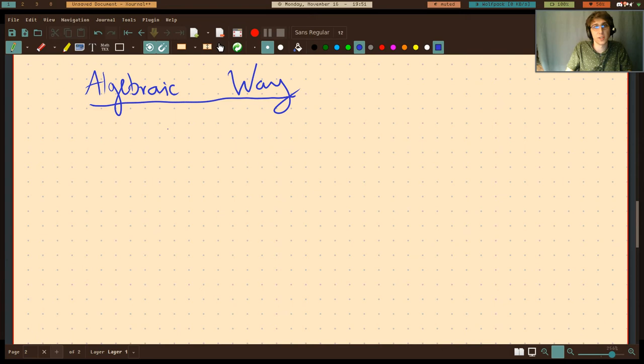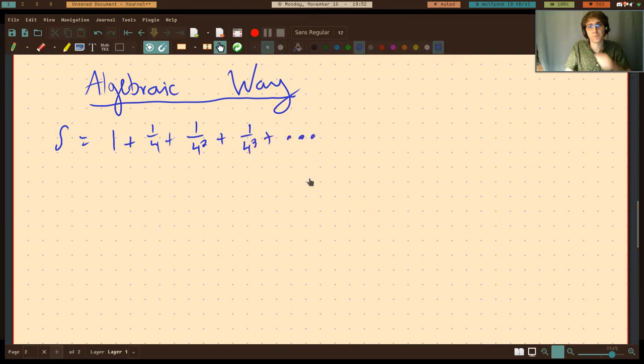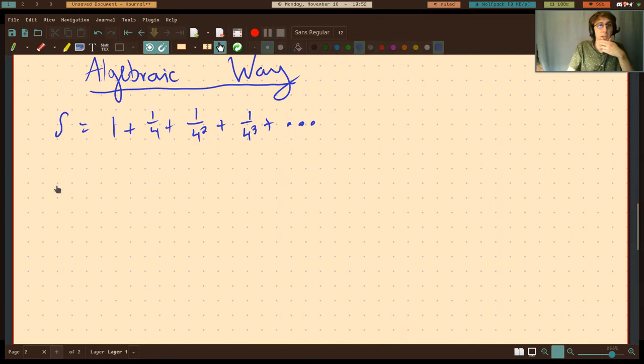So what we're going to do is use the same series, and we're going to call it S. S for series, or sum. So 1 plus a fourth, plus a fourth squared, plus a fourth cubed, plus yada yada yada.